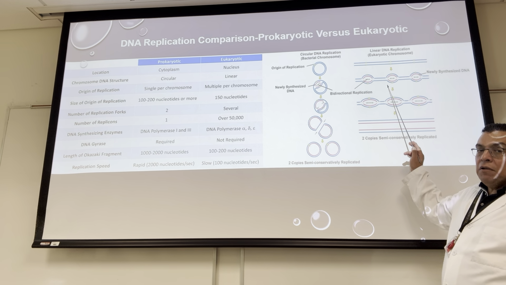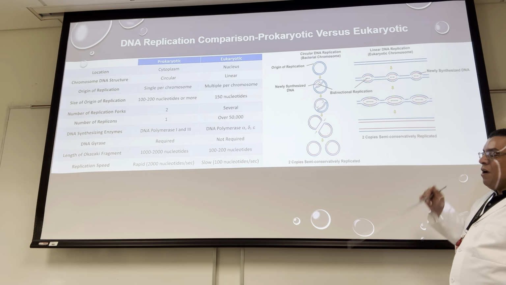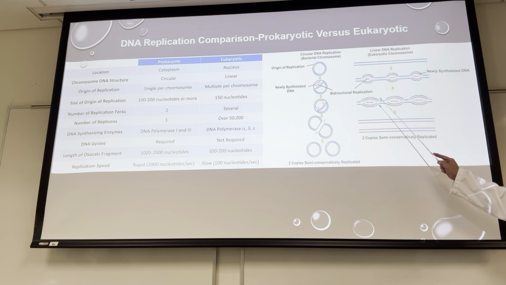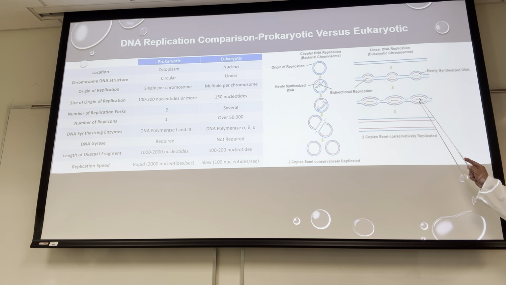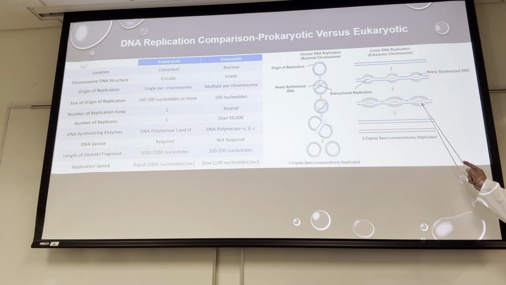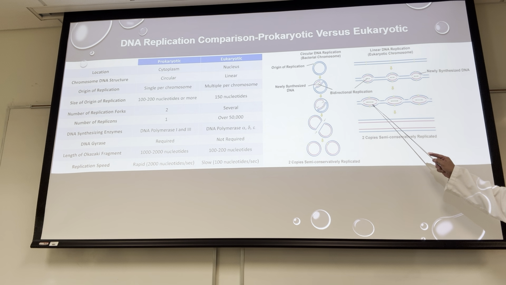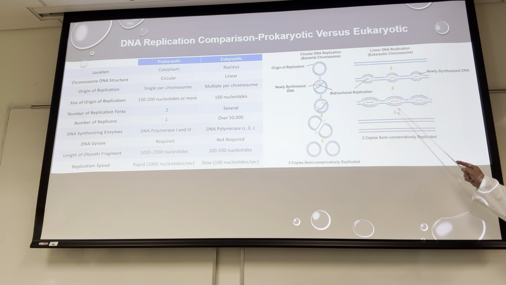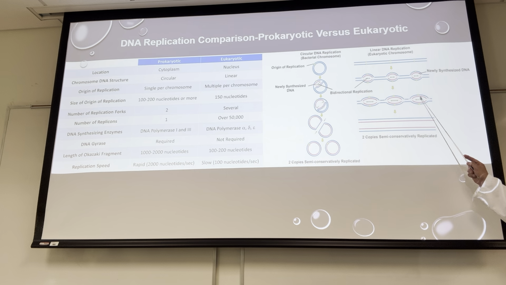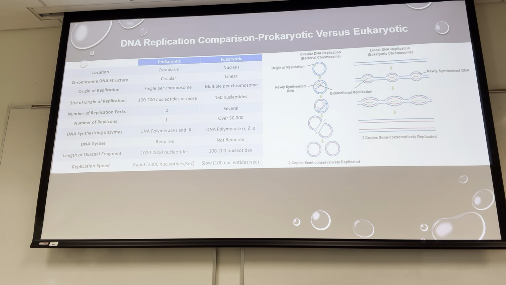So that doesn't happen. In eukaryotic DNA replication, you have multiple origins of replication, creating multiple replication forks and replication fork bubbles. And then you're going to make the pieces that you're eventually going to rely on ligating together to make the full piece.